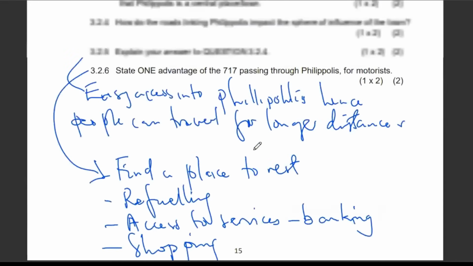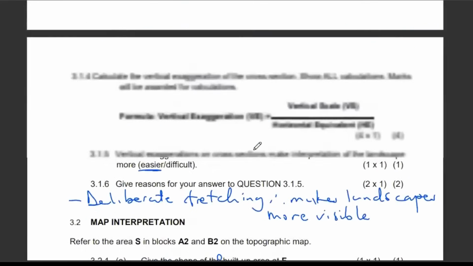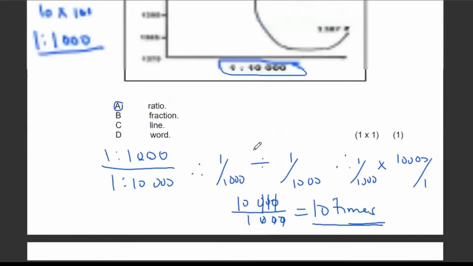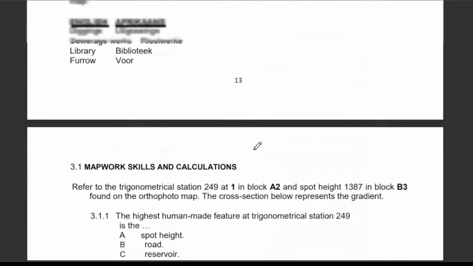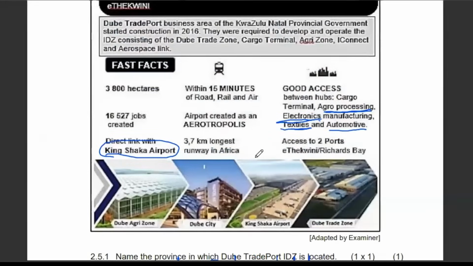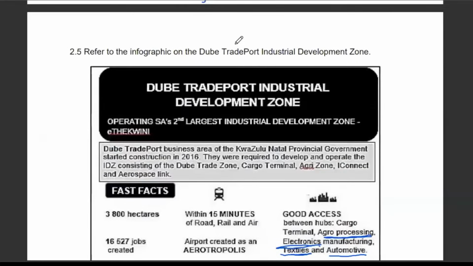And to be precise, on the question on economic geography, you have to specialize. As you are specializing, the areas of specialization for this paper, we have seen that for the industrial development zone, we are focusing on the Dube Trade Port. Remember, for paper 2 economic geography, you specialize.